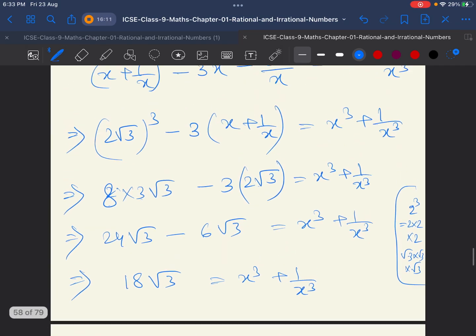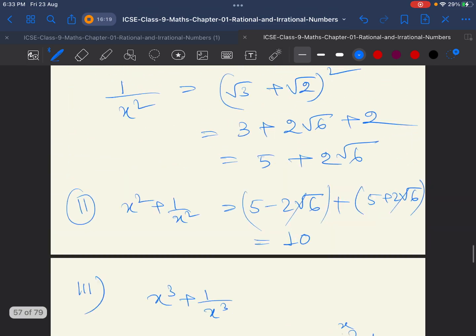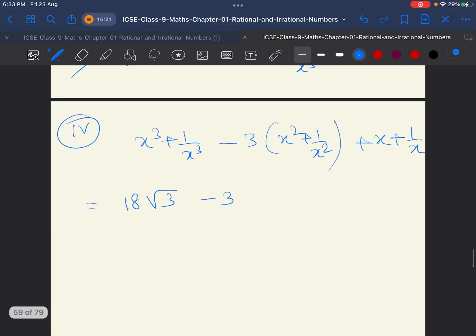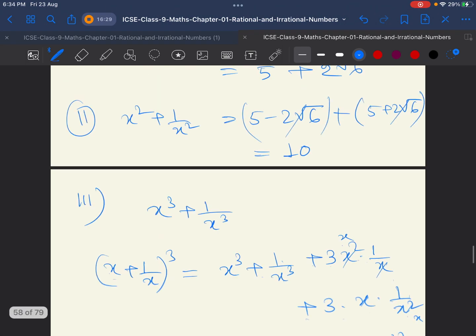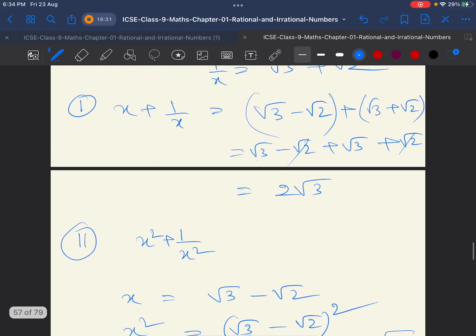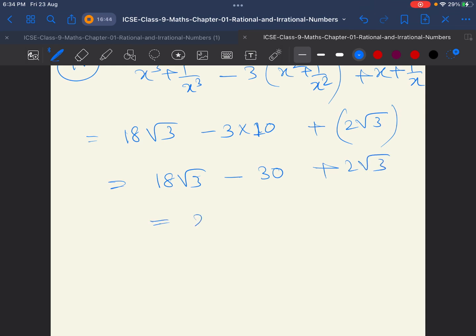So we know x cube plus 1 by x cube, this term is 18 root 3, minus 3 into x square plus 1 by x square, we know 10, plus x plus 1 by x, we know x plus 1 by x is 2 root 3. So 18 root 3 minus 30 plus 2 root 3, so this is 20 root 3 minus 30.